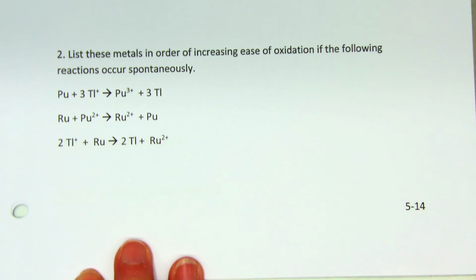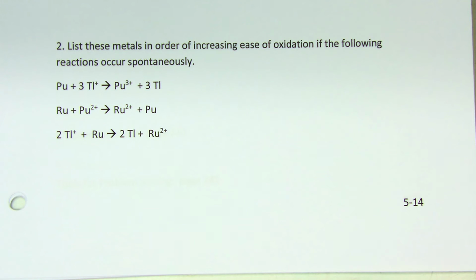Let's look at something else that I've been told isn't what we did in class. Look at this information and list these metals in order of increasing ease of oxidation, if these reactions occur spontaneously. So what you have to do is look at this and think about, what is this information telling me?